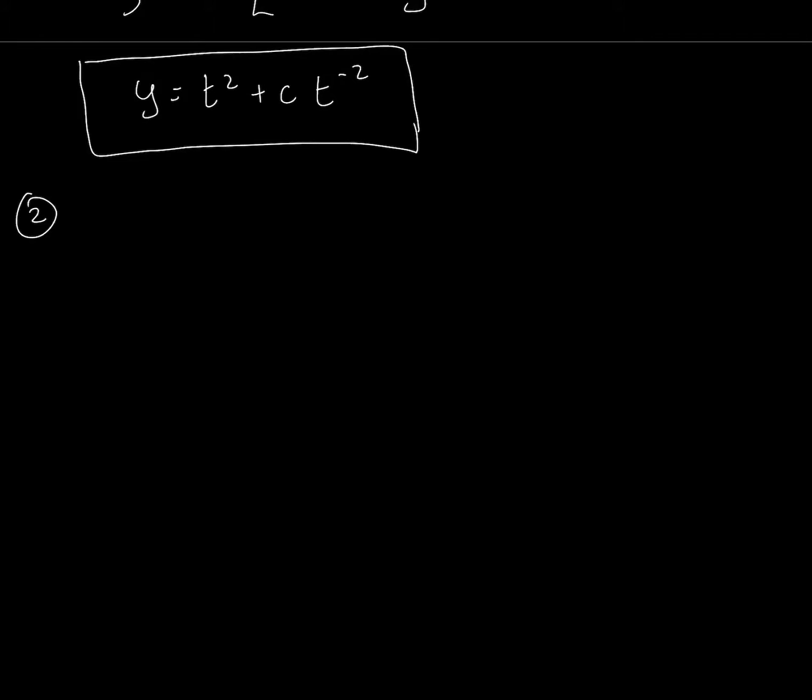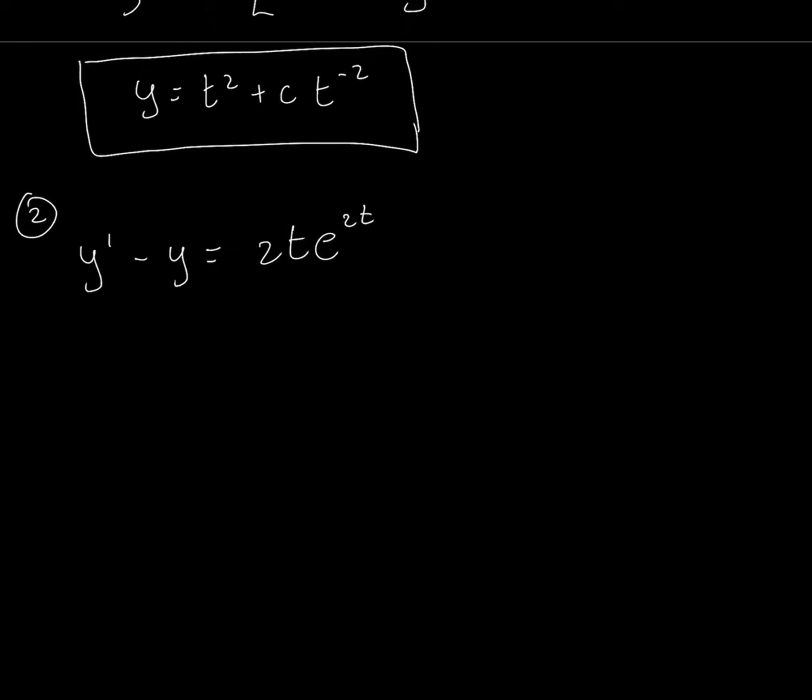Example number 2 will be y prime minus y equals 2t e to the 2t. This example problem is already in the form that we want, so we don't have to do anything there.